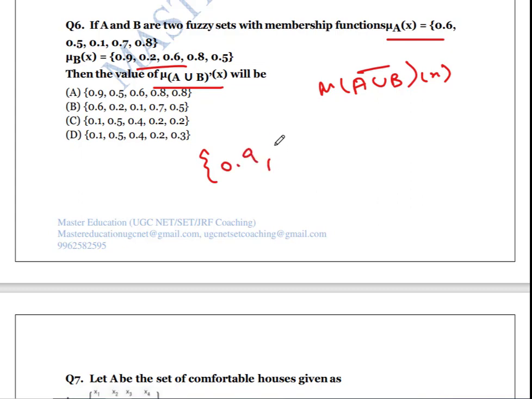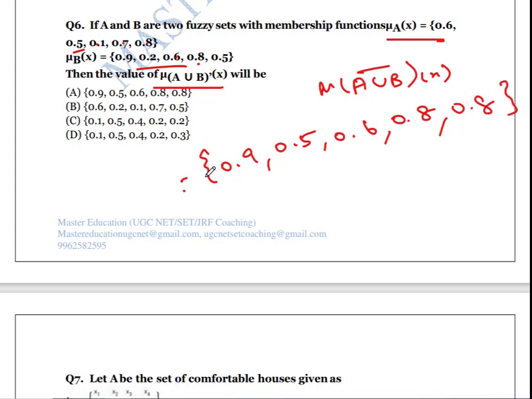So 0.9 and then 0.5 have to be compared from here, mu of A comma x and mu of B comma x. And the second one is 0.5 and the third one is 0.6, the fourth one is 0.8 and the fifth one is 0.8.